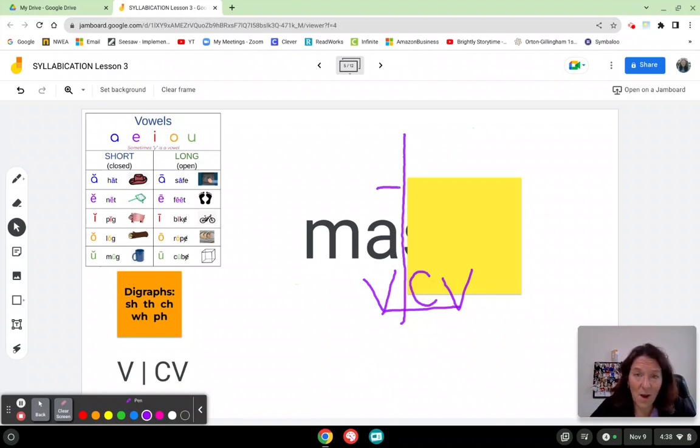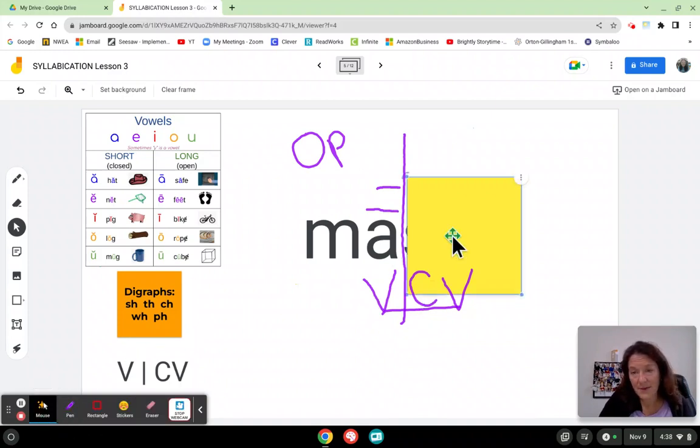I'm just hitting a wall. If I can't draw an arrow to something after that vowel, it's open. So I'm going to write OP because there's nothing after it for me to draw an arrow to. If it's open, it's going to make a long A sound.